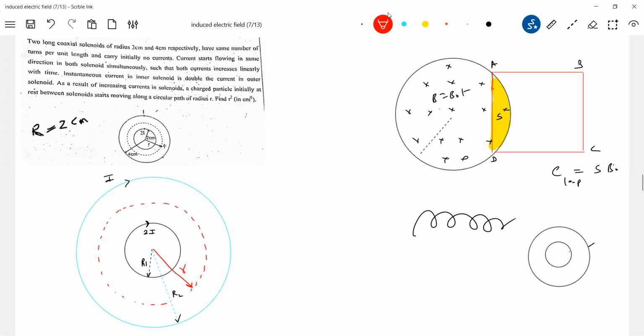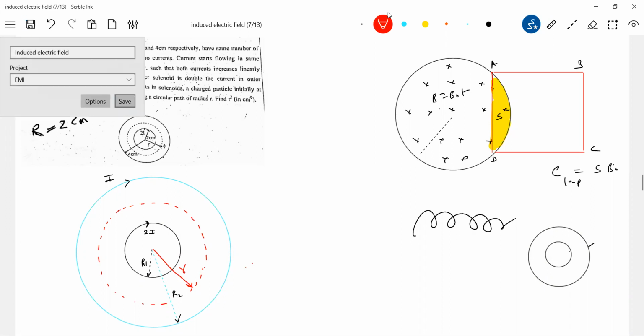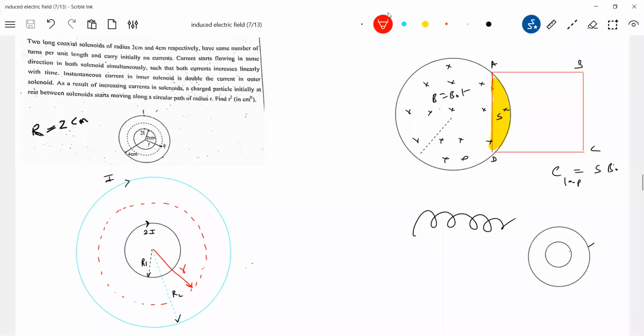And there's a charged particle. Get into the problem now.